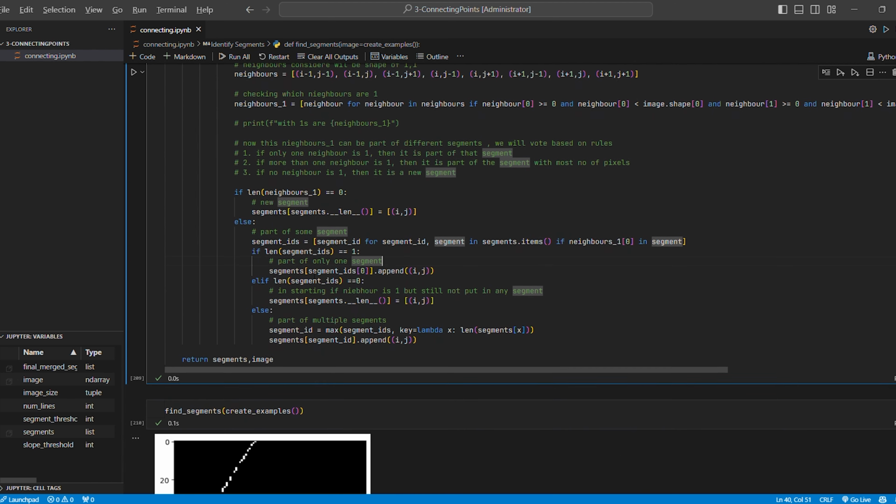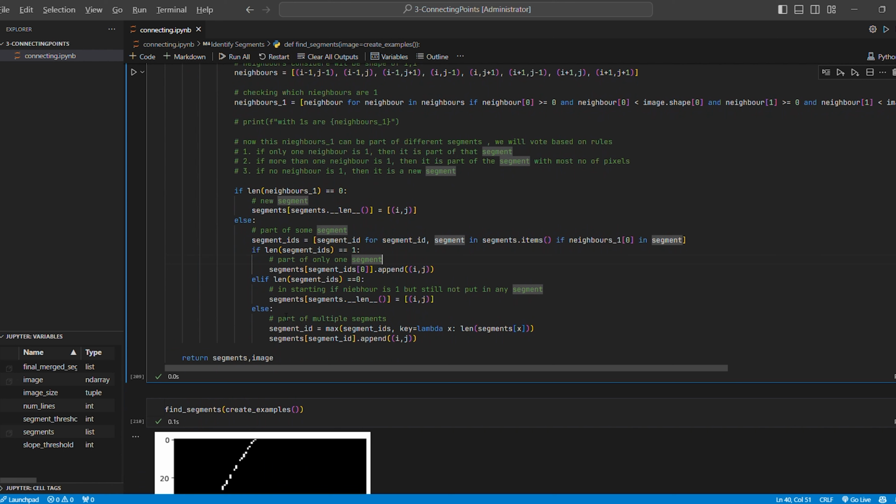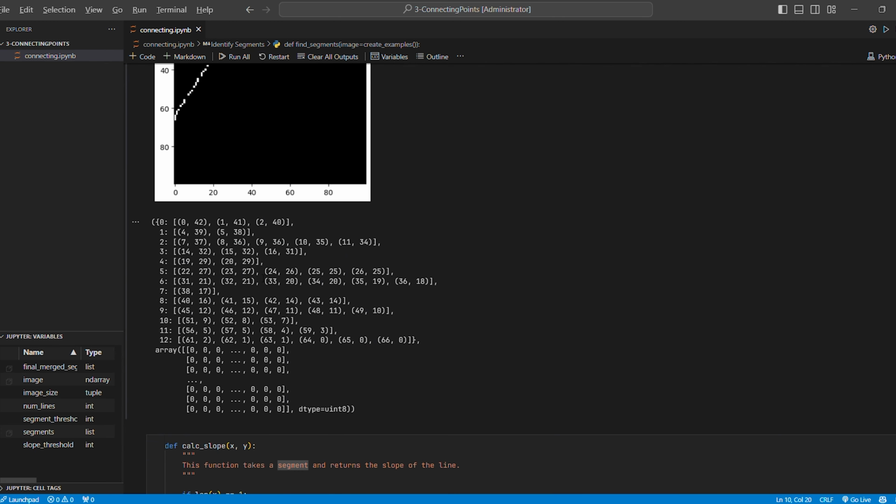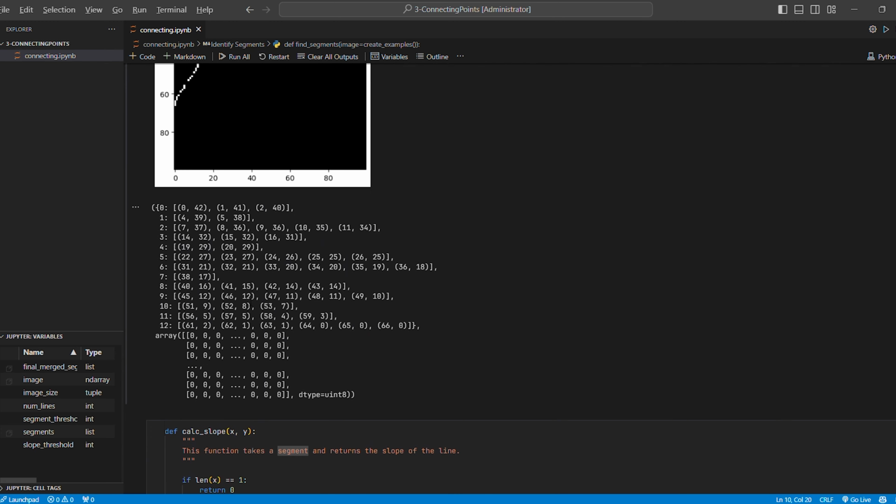And if the number of segments we already identified is more than 1, and we also have more than one 1 in our neighbors, then we have to see which segment has more pixels.